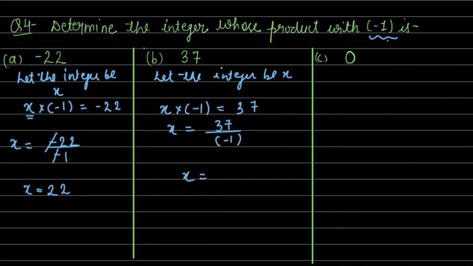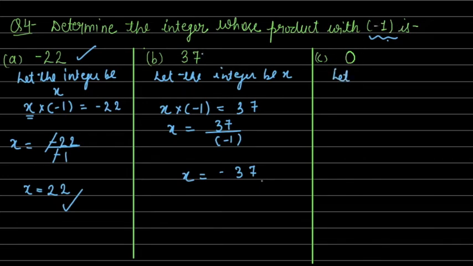It means the integer is how much? -37, right? So basically, if it is a negative integer, you have to multiply it with -1 to get a positive one, so the opposite you will get. -22, it means the integer is 22, because 22 you will multiply with -1 to get -22. Similarly, -37 into -1 will give you 37, right?